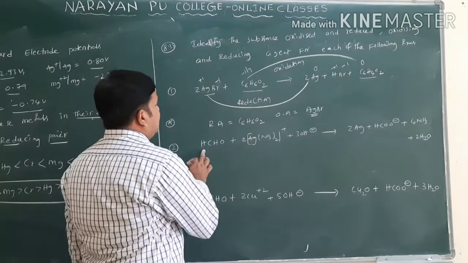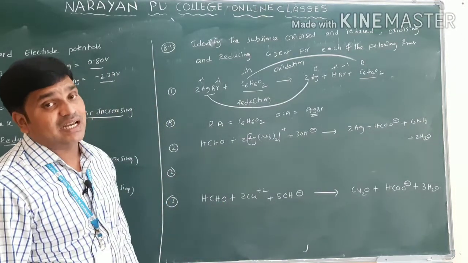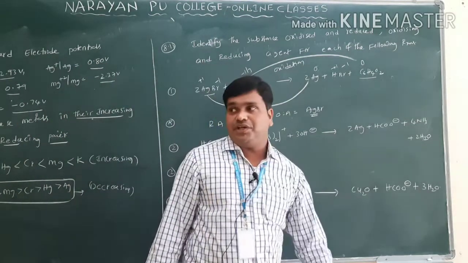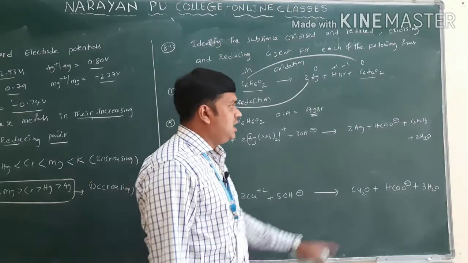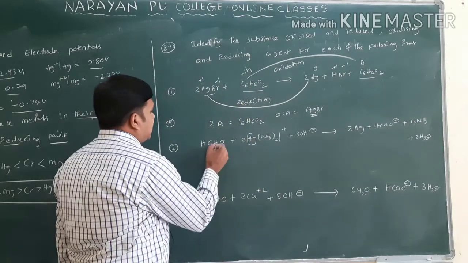Here formaldehyde, HCHO, which you call formaldehyde or methanal, reacts with silver complex in the presence of basic medium to give Ag plus HCOO minus and NH3. Here you can identify the carbon oxidation state.